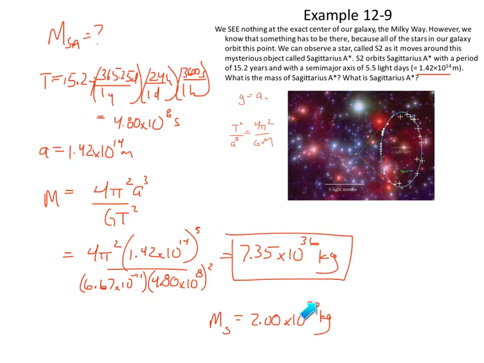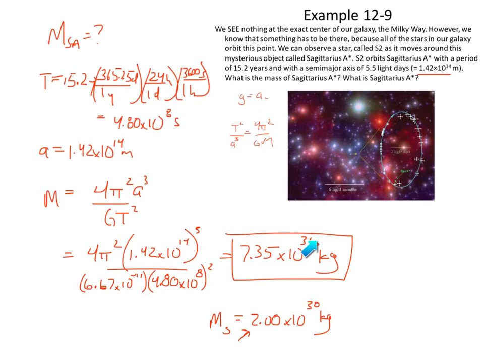Also, keep in mind that if something is 6 to 12 times the mass of our sun, so if you multiply that by 6, you get 1.2 times 10 to the 30th, then the object becomes a black hole. So only a few times larger than our sun does an object become a black hole.